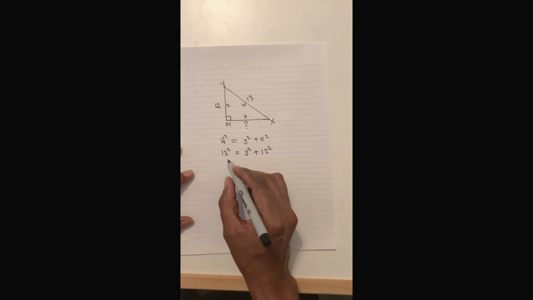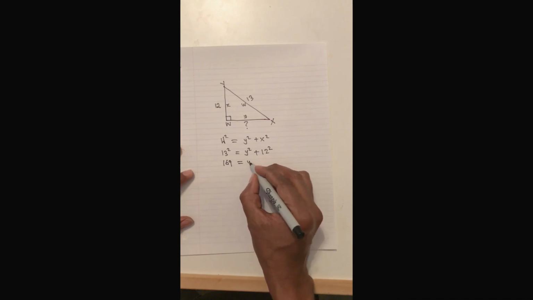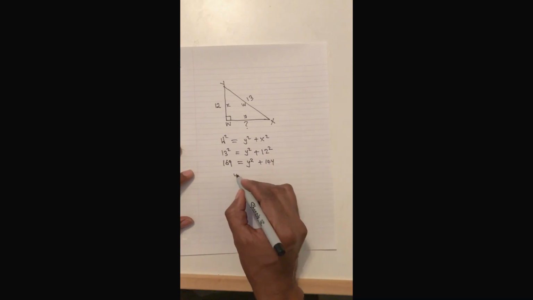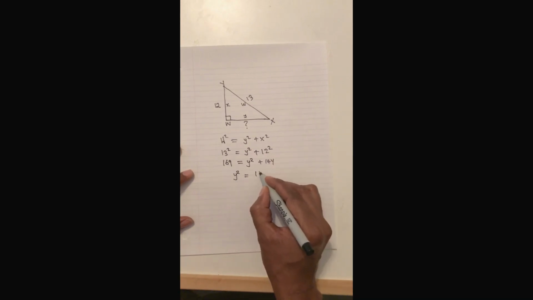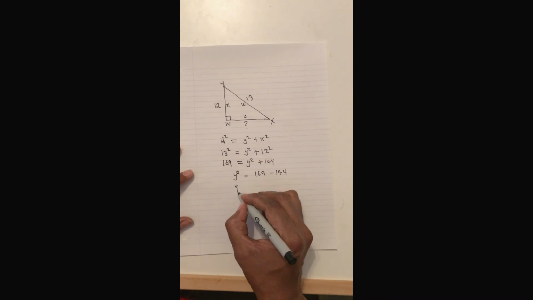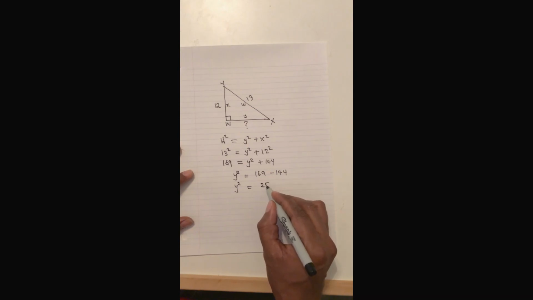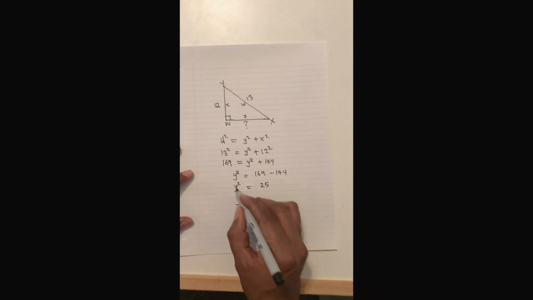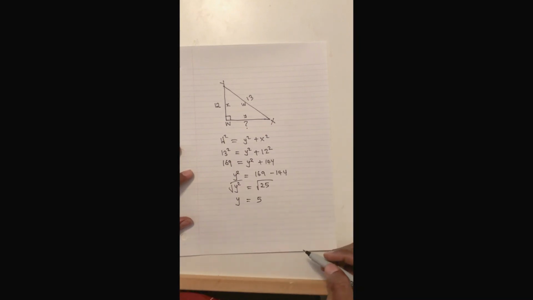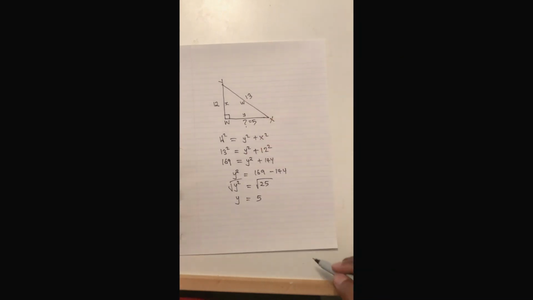So the square of 13 is 169, is equal to y squared plus the square of 12 is 144. So y squared would be equal to 169 minus 144. So y squared in that case is equal to the difference of these two, which is 25. To find y alone, you square root both sides, which gives you 5. So that is the value for the base.